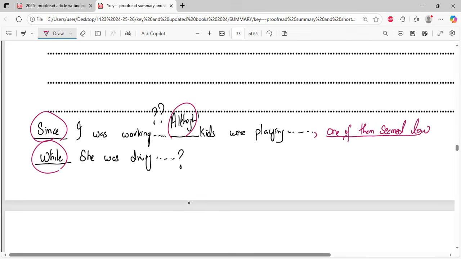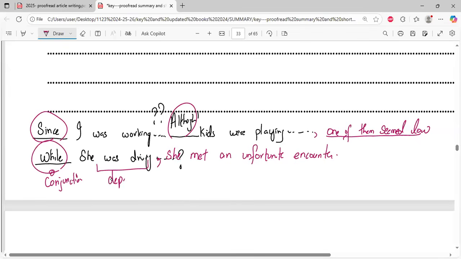So although all kids were playing, लेकिन उनमें से एक बच्चा बहुत ही low लग रहा था. ठीक है? या while she was driving the car, she met an unfortunate encounter. कुछ बुरा हुआ when she was driving the car. So you see, I added a conjunction जिससे my original sentence becomes dependent, incomplete.